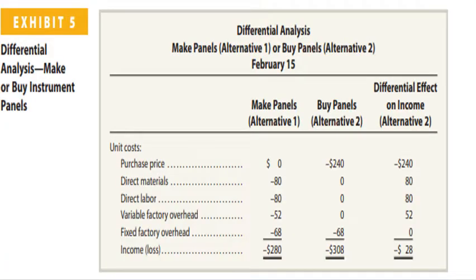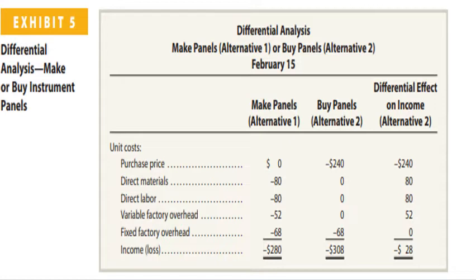We have here in Exhibit 5 the comparison between making or buying instrument panels. Under column 1, we have whether the company should make panels, and in column 2, if the company will buy panels, and lastly in column 3, the differential effect on income. We should also take note that other factors should be considered in the analysis.